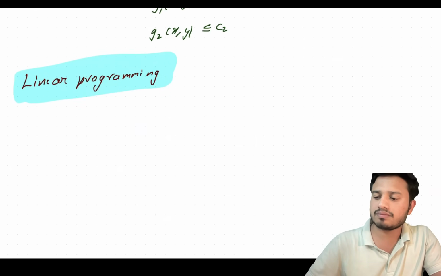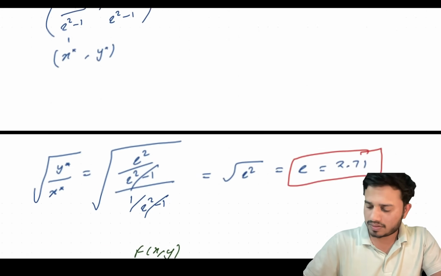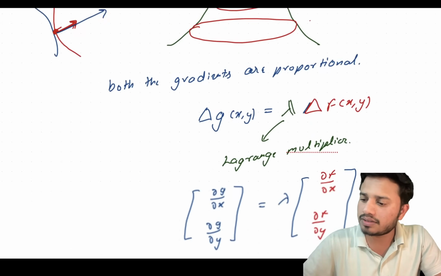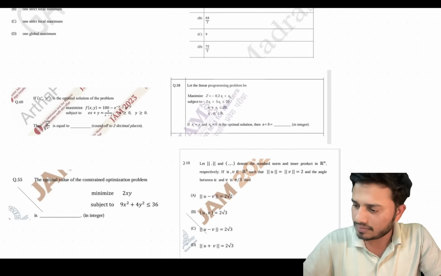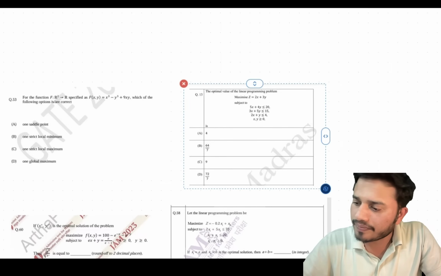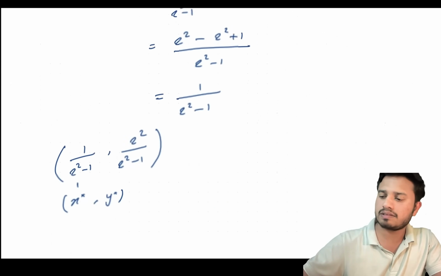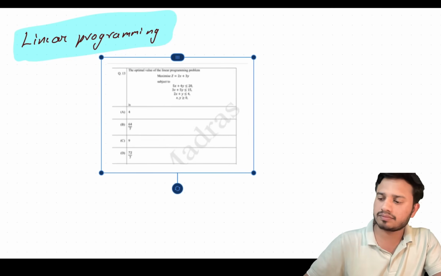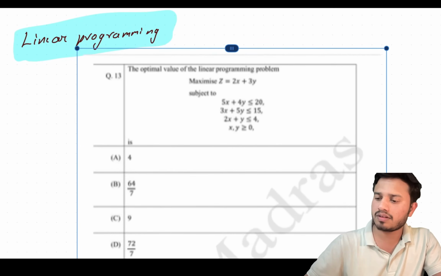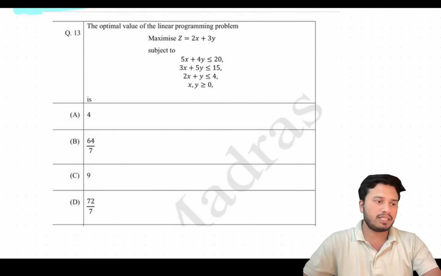Let's start with one problem directly. Problem here, very easy. There are three constraints here.